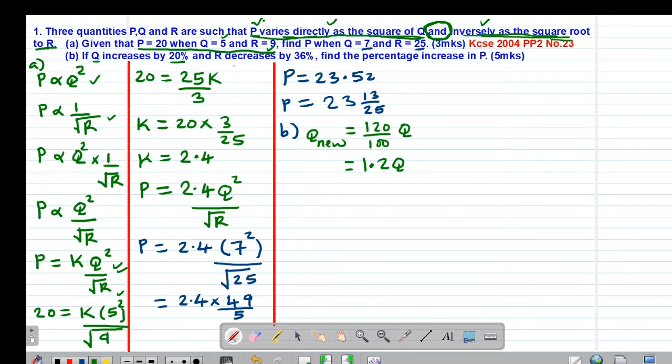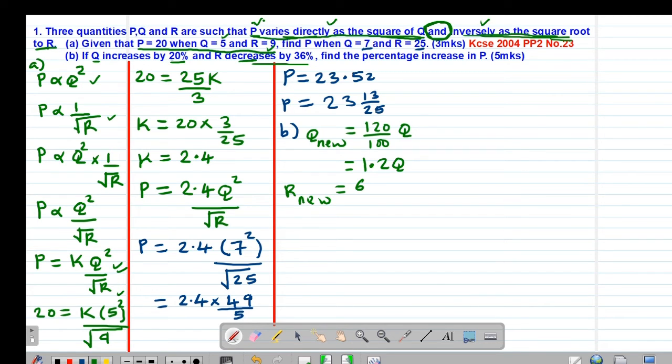Then you're also told that R decreased by 36%. So it simply means that you also have a new value of R. Remember, 100% is the standard value. So a decrease by 36 simply means that you'll take 100 minus 36, like a loss, which will give you 64. I'm subtracting because it is a decrease.